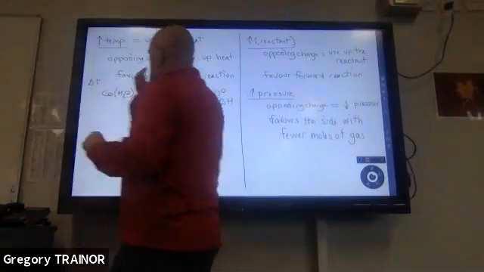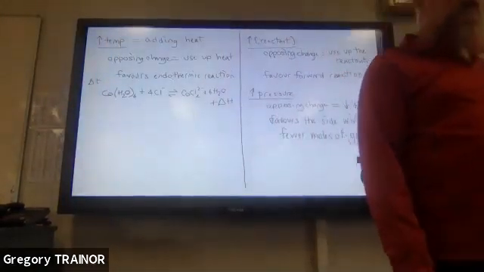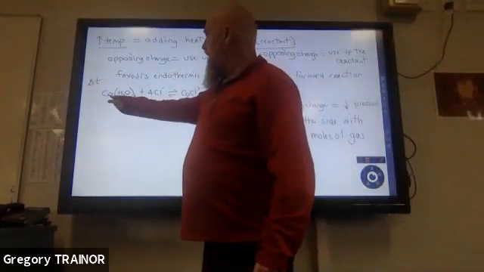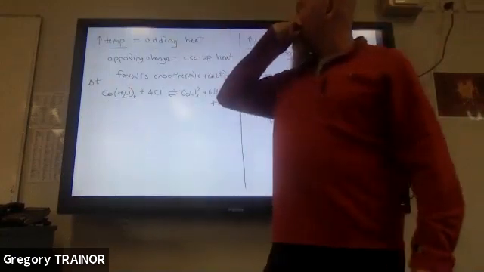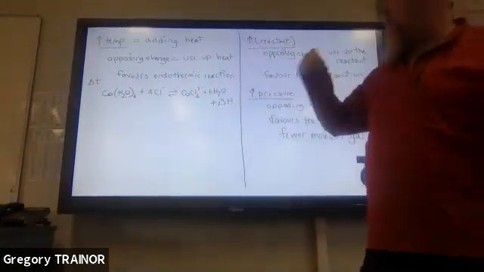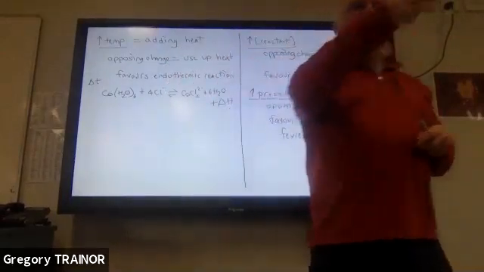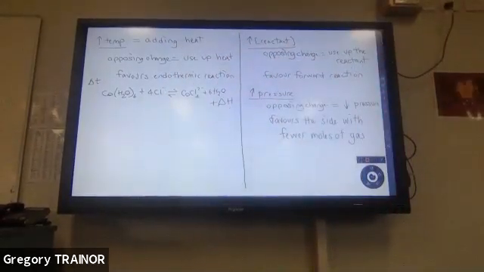The example they give you is the cobalt equilibrium. Now, if we have pink crystals of cobalt chloride, so it's got water molecules attached to it, and we heat that strongly over a Bunsen burner, what happens to the crystals? They turn from pink to blue. So they lose water.